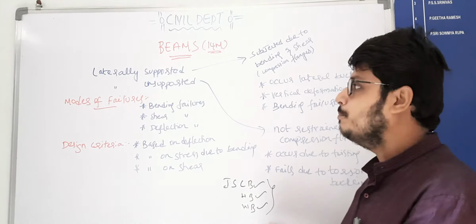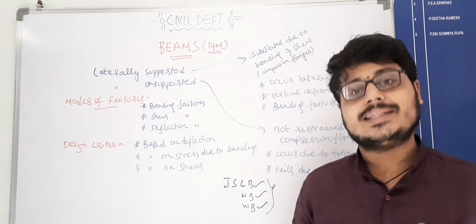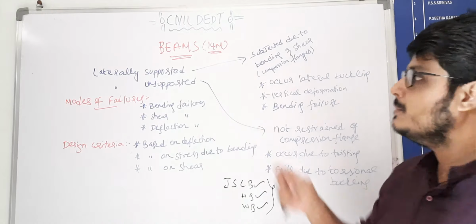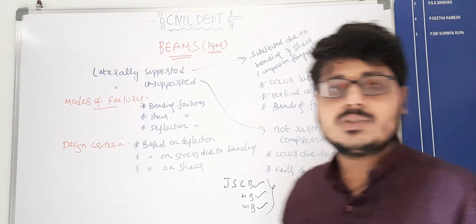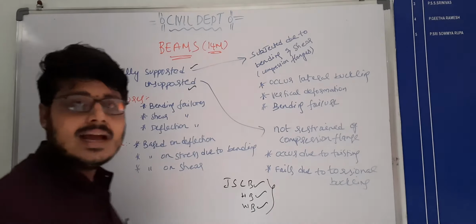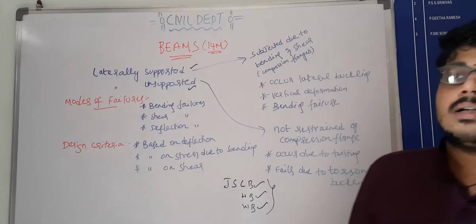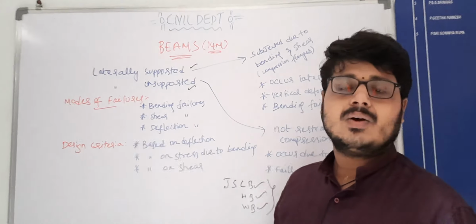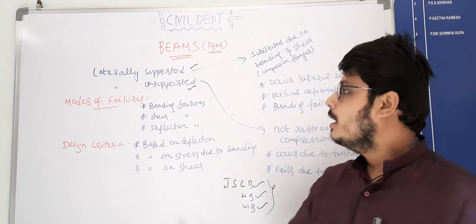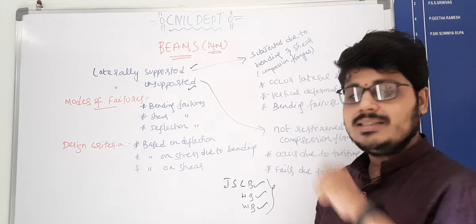We should take the design criteria methods. Here beams are divided into two types: laterally supported and laterally unsupported, which is a very important question for 14 marks. Okay, for 14 marks.